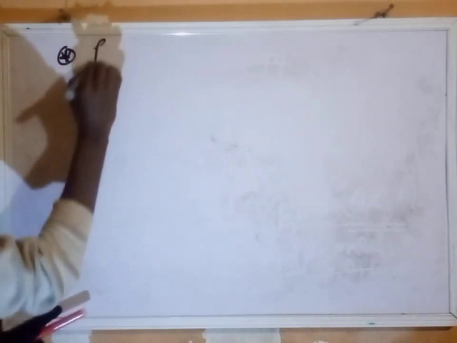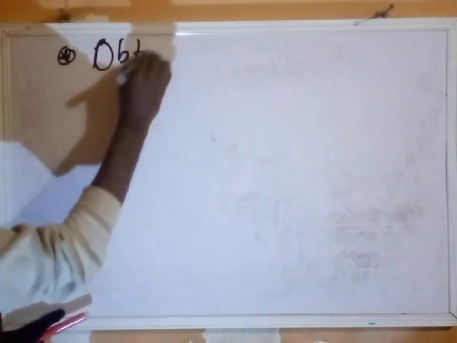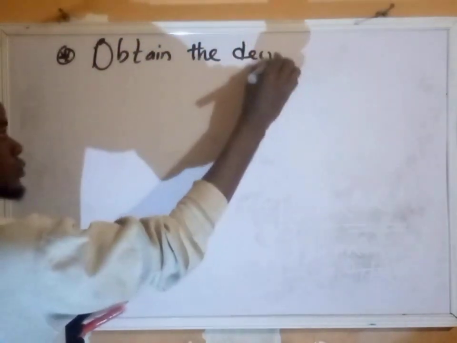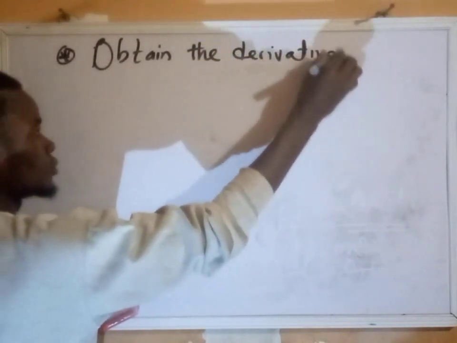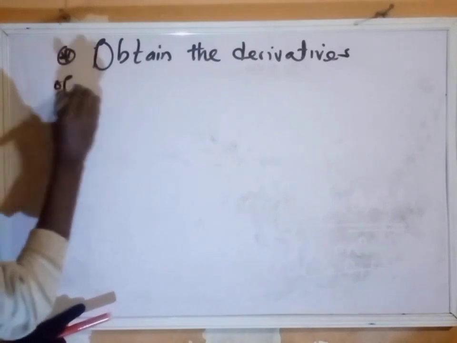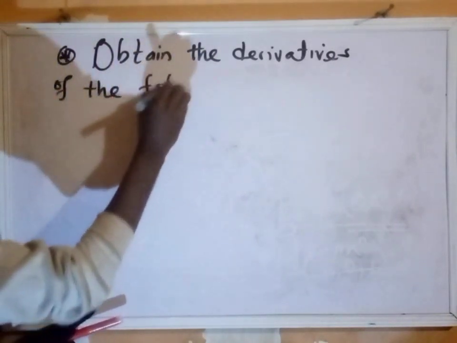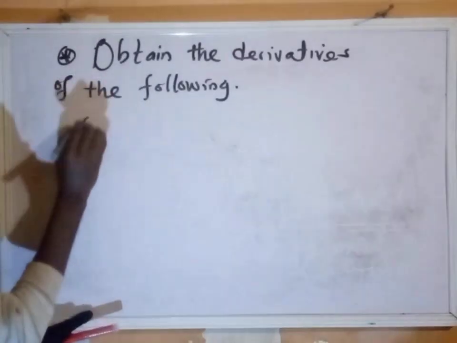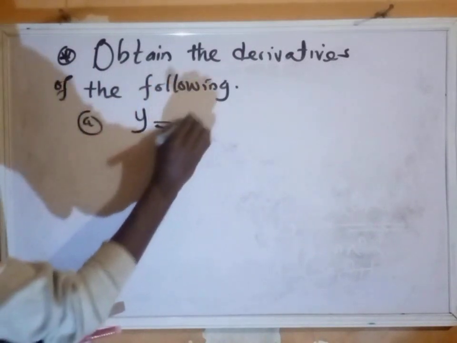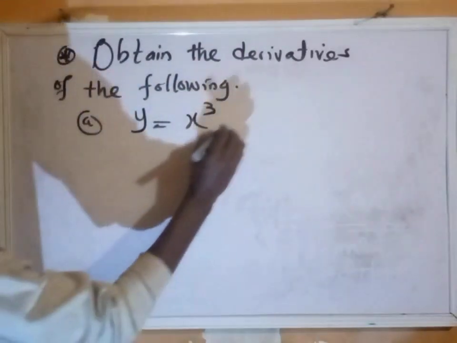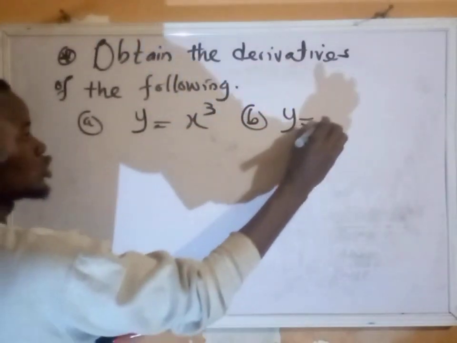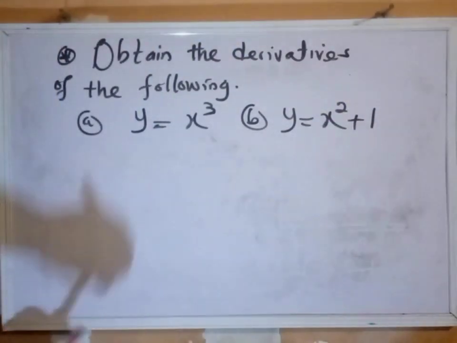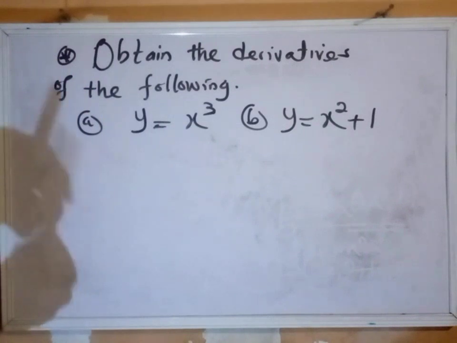You can say: obtain the derivative of the following. Let's say the first one is, we are given y equals x raised to the power of 3. Let's say we have b, y equals x squared plus 1. Let's see how to go with this simple differentiation.